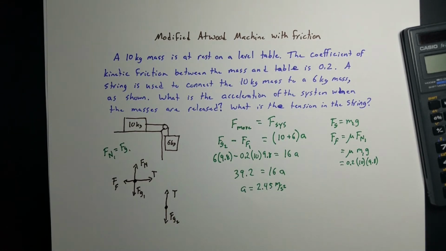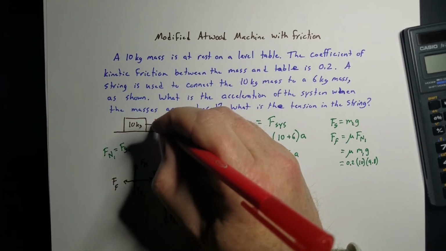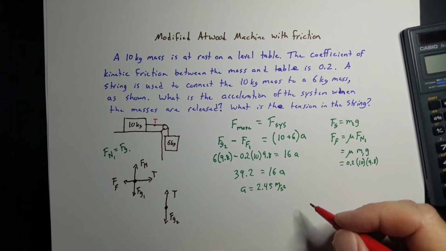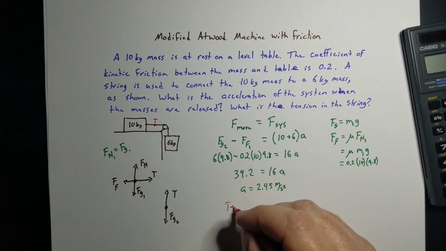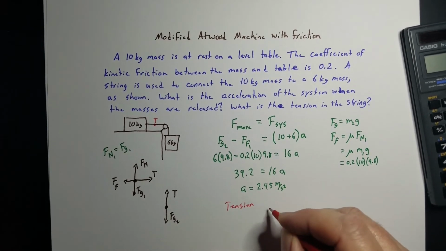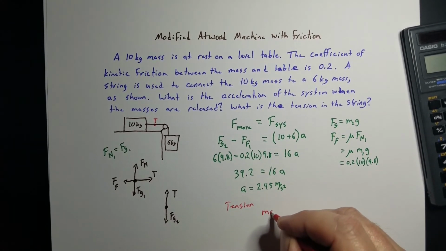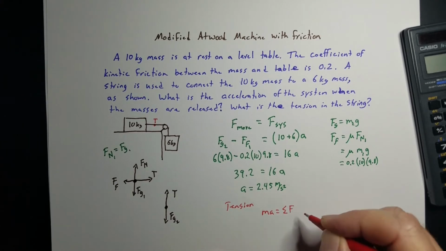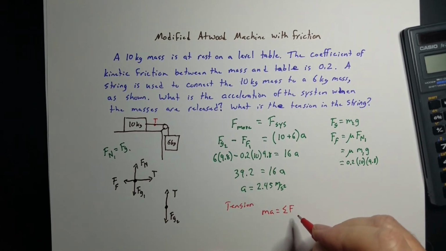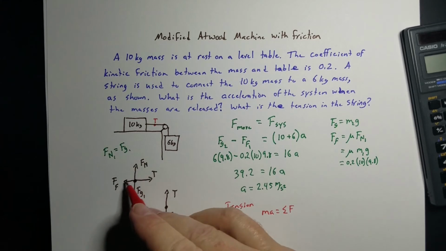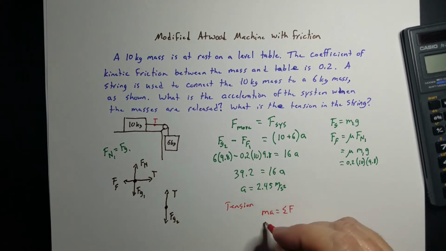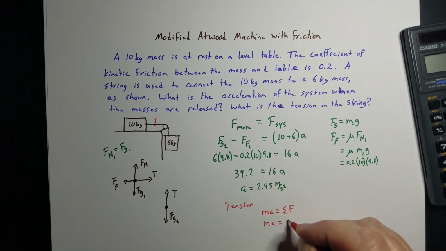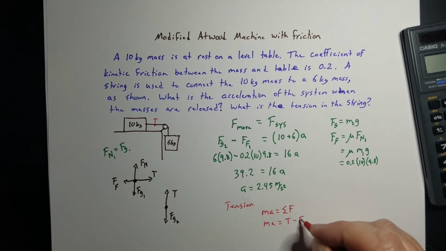Now let's figure out the tension on that block, or in this string for that top block. So again, tension, well, it's MA equals the sum of the forces on it. And that force is the forces that actually are affecting its motion. So it's the tension and the friction. So MA equals tension minus the force of friction.